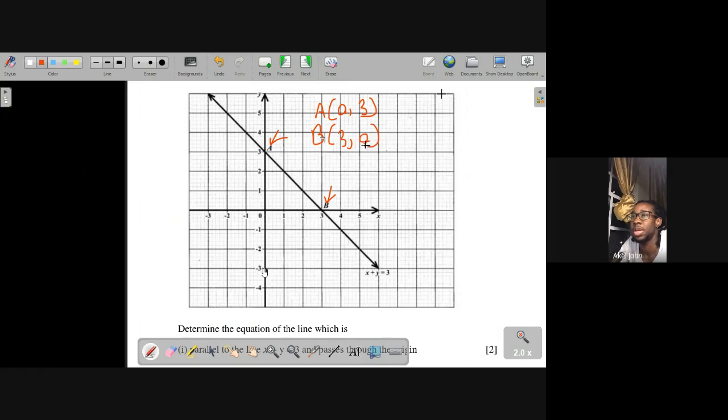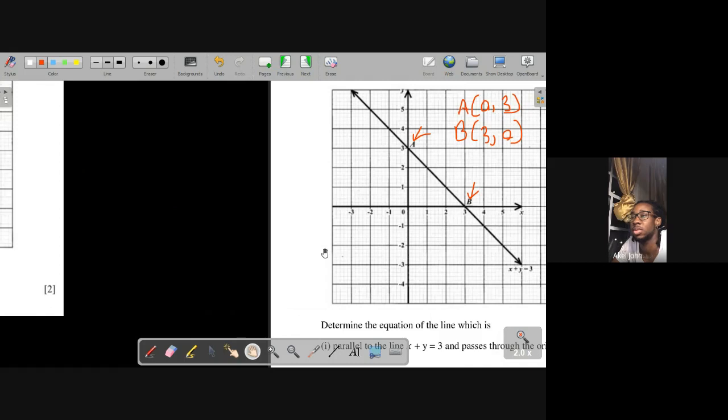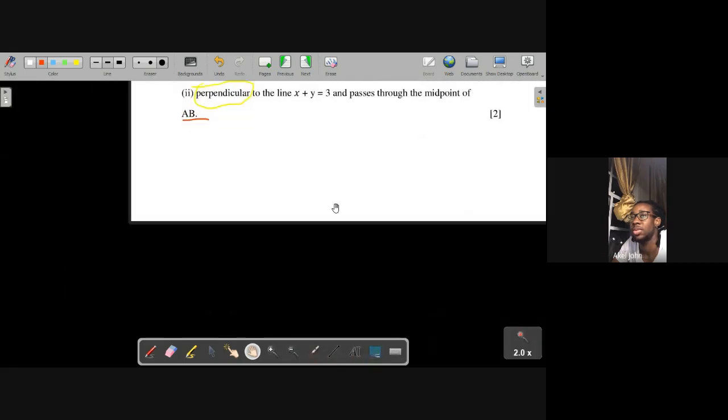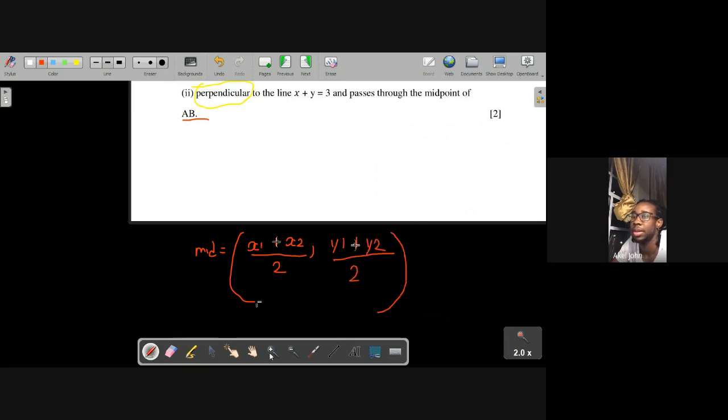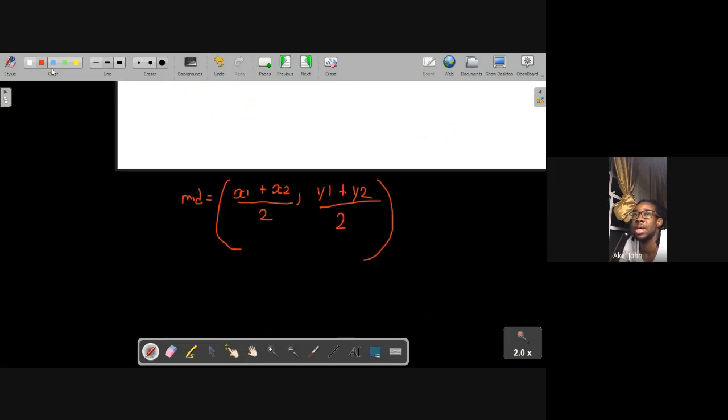And now we have to use the midpoint. The formula for the midpoint is: midpoint is equal to x1 plus x2 divided by 2, y1 plus y2 divided by 2, and you simply substitute the values.